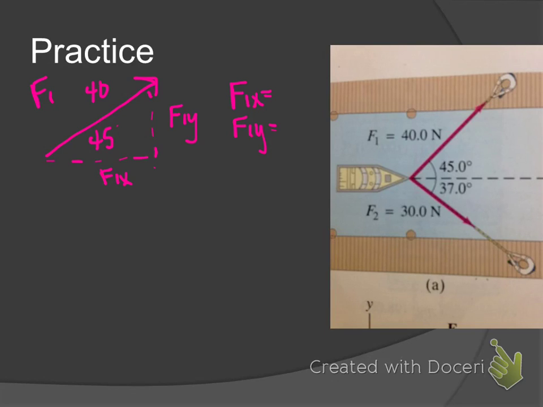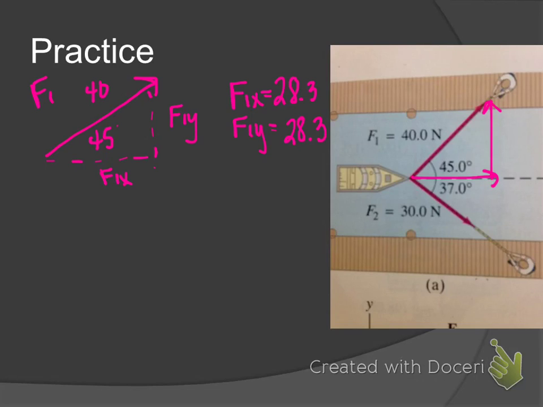Are both of those components heading in the positive direction? Yes, they're both heading in the positive direction. So what are my values for F1x and F1y? 28.3 and 28.3. And we found that by taking 40 times sine of 45 or 40 times cosine of 45.